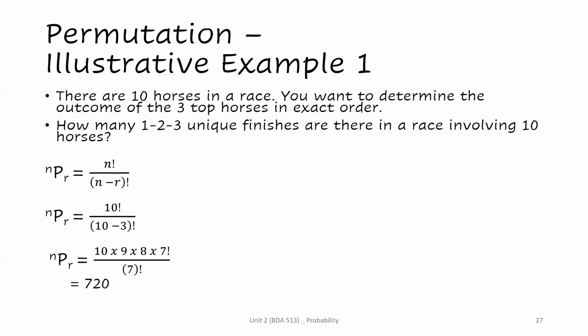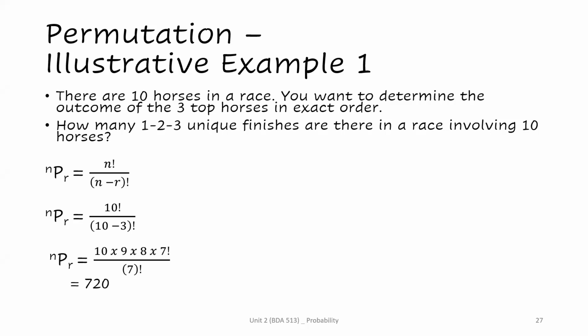So we are looking at the ways by which particular horses can finish 1st, 2nd, 3rd in that order. Let's say you have horse 1, horse 2, horse 3, up to 10.